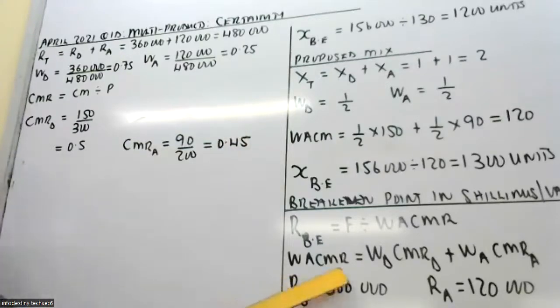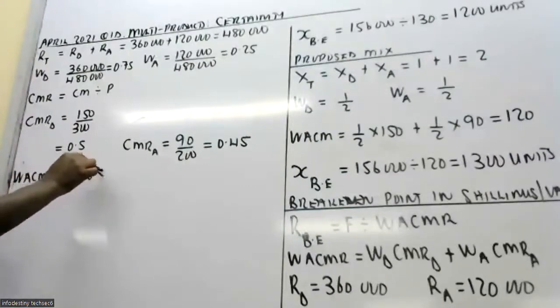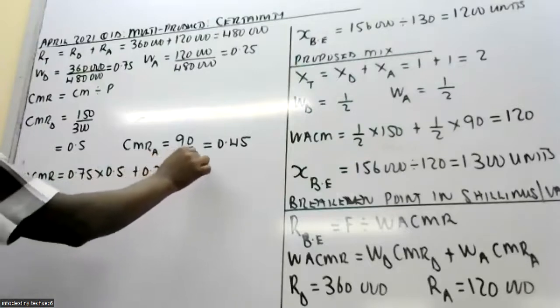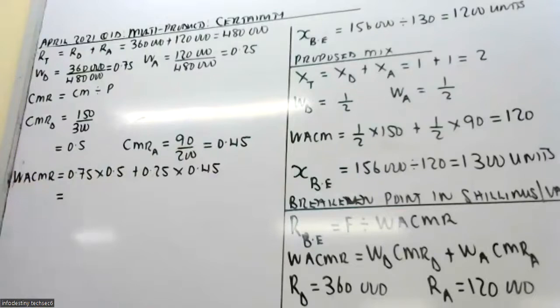Sasa tuko na kila kitu that we require for this. So then WACMR is 0.75 times 0.5 plus 0.25 times 0.45, which is 0.4875.